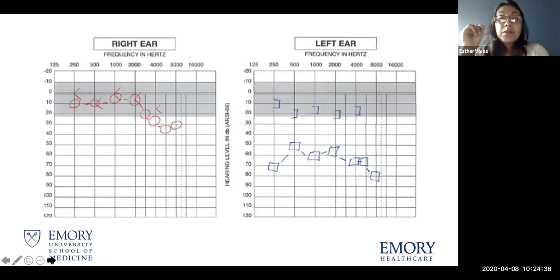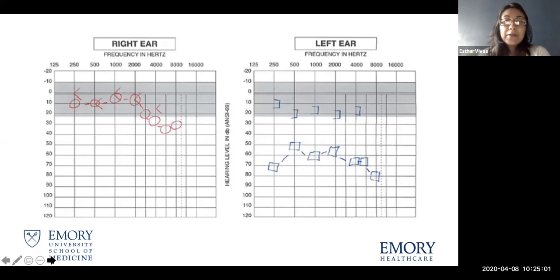And typically we do that by confirming these sorts of losses with a tuning fork. In this situation, a tuning fork placed anywhere along the midline would be heard loudest in the left ear, which is what we call the Weber lateralizing to the left.